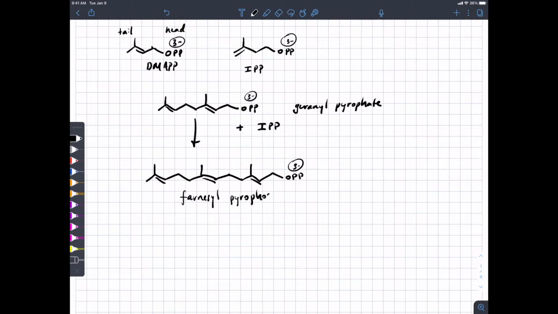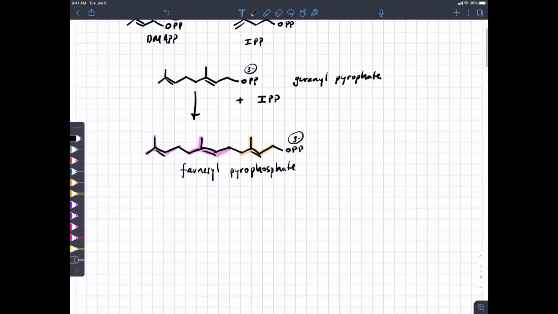So far, you can see that the head of one pyrophosphate group is linked to the tail of another, and we can highlight these individual isoprene subunits. So at this stage, we've got 15 carbons, and in order to make cholesterol, we're going to need 30.